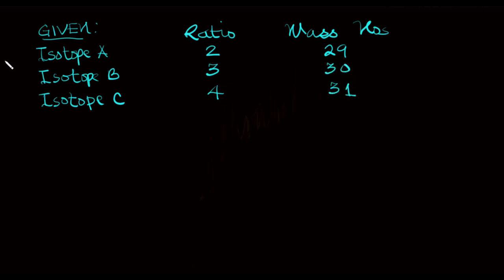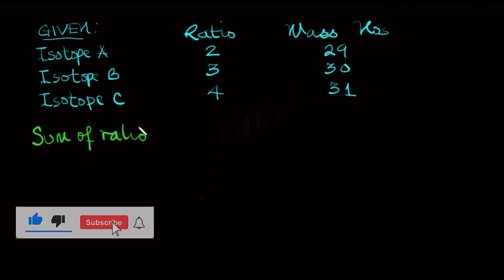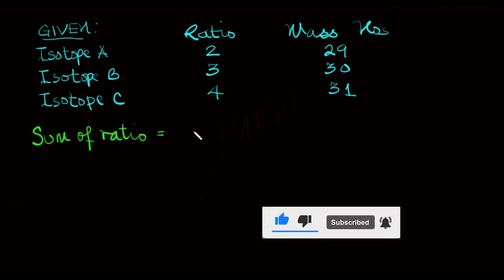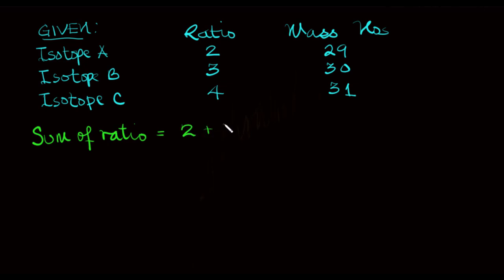So the next thing we'll do is to find the sum of ratio. This is 2 plus 3 plus 4. That gives us 9. Okay.